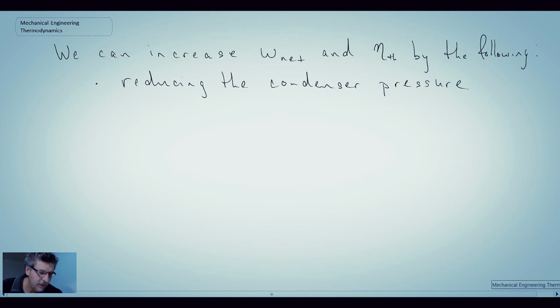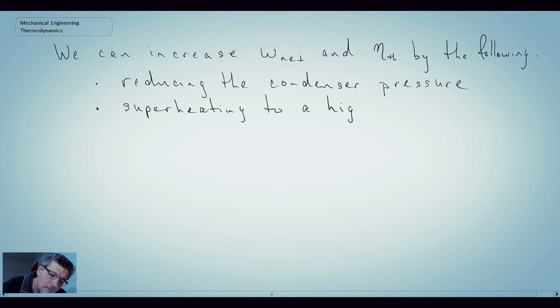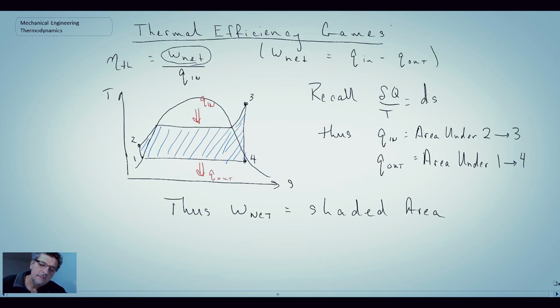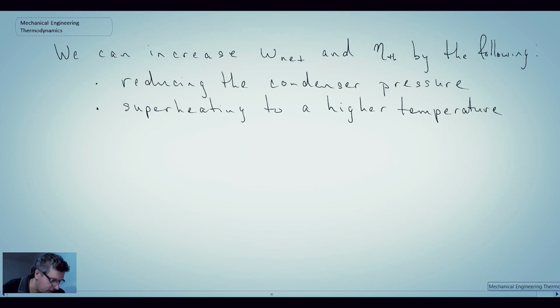We can superheat the fluid to a higher temperature. So what would superheating do? Superheating would move this point up even higher, and that would then increase the area under the curve, which is another way of doing things, so that's good.